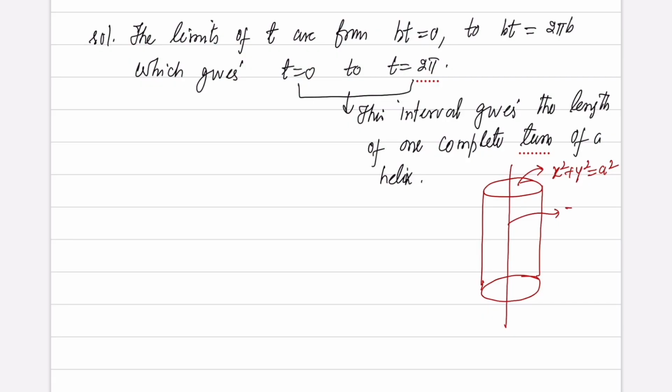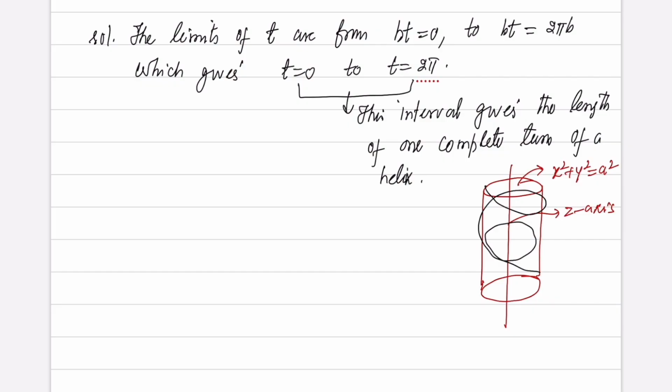Now the circular helix is a spring-shaped figure that wraps around this cylinder. Suppose it starts from here, then it rolls like this. So that is the shape of a circular helix, a spring-shaped figure wrapped around the right circular cylinder.